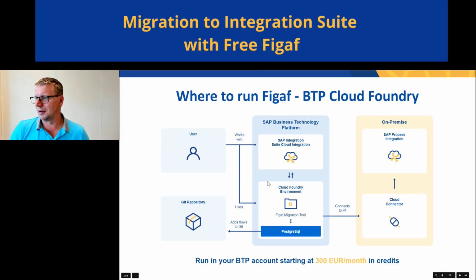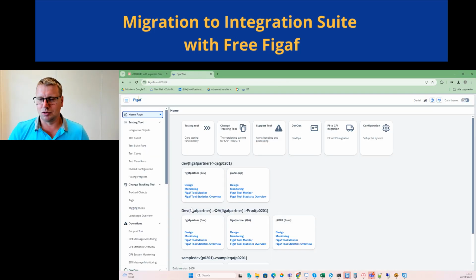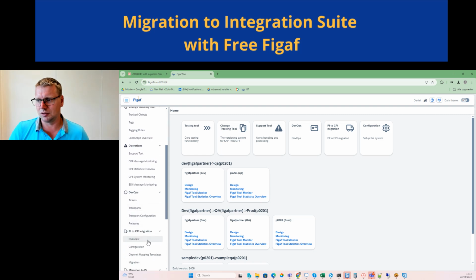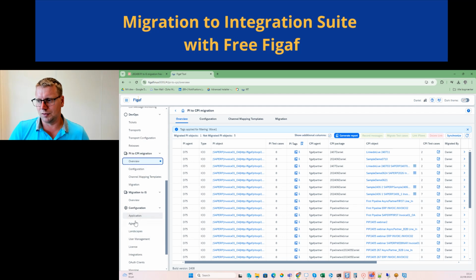Normally we recommend you deploy it in the BTP Cloud Foundry. It is the best place, well, the easiest to get it running secured in a good manner. But let's get started. So here we have the tool. Right now it's just running on one of our sandbox systems here in the office. And I have configured some agents here.